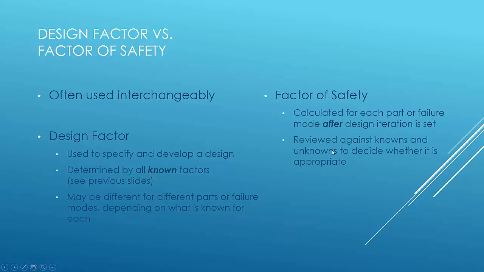I've had situations where, in a complex design, there were some unknowns as to how the stress was actually being distributed, so I had to have a higher factor of safety because I was not quite sure how it was going to operate. There were other parts of it that were much better known, much clearer as to what was happening. So I was more comfortable with a lower factor of safety once all the design factors had been considered.